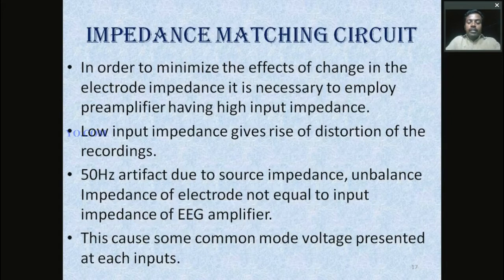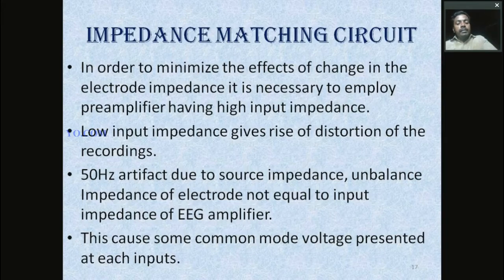For example, in an audio amplifier we have a pre-amplifier, and after that a power amplifier. The same is true in a biomedical system, with a pre-amplifier having high input impedance. The pre-amplifier amplifies a very weak signal and produces some range of volts. That voltage is again amplified by the power amplifier, which drives the output device.